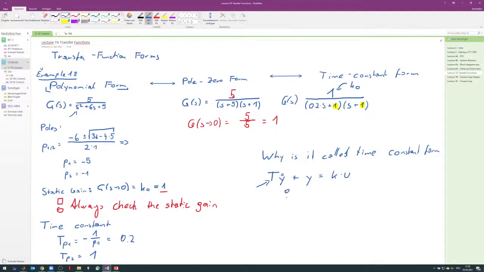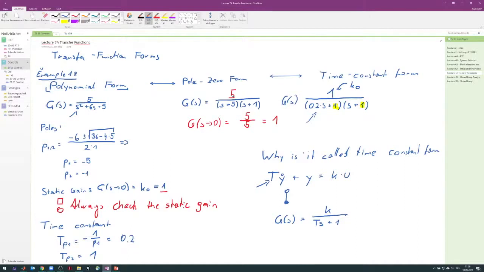And if you Laplace transform this, your G of S gets K over Ts plus 1, right? So this is the form where your time constants directly show up in the Laplace domain. This is why it's called time constant form.